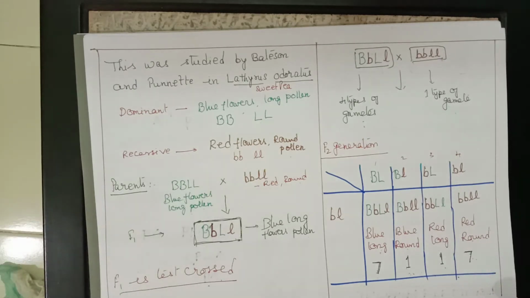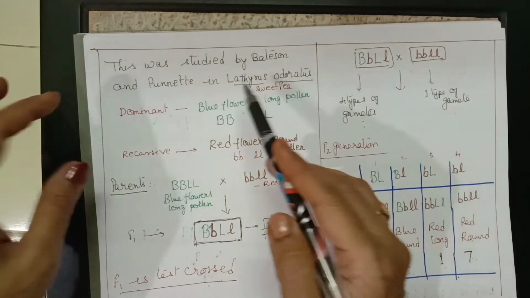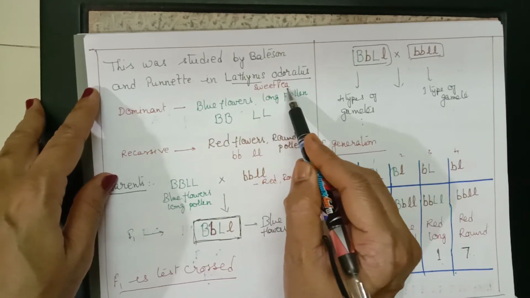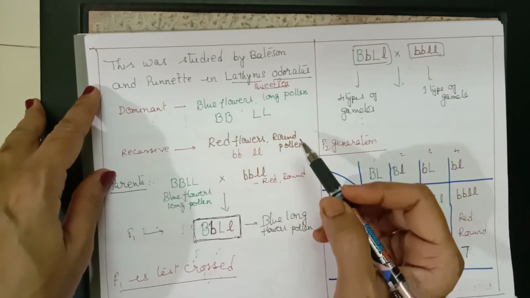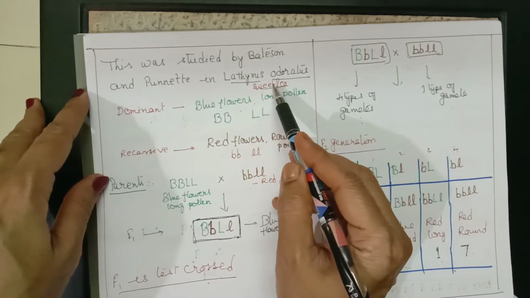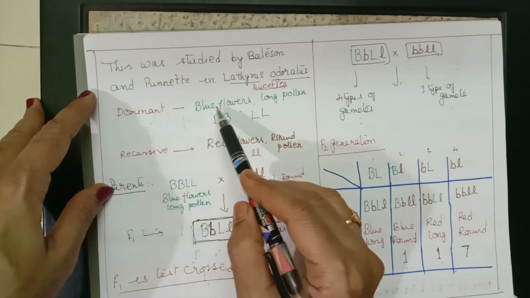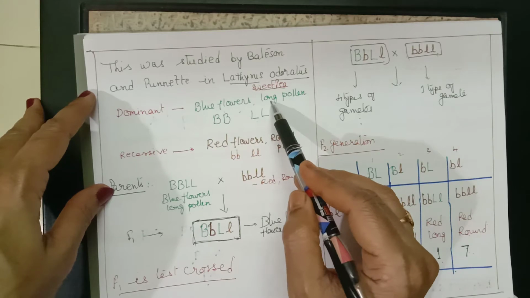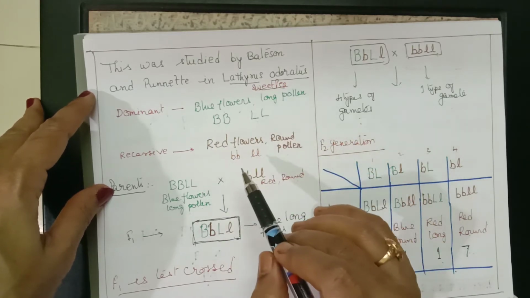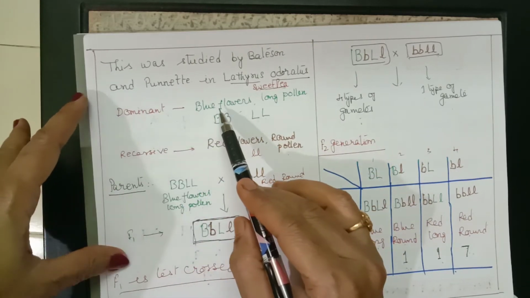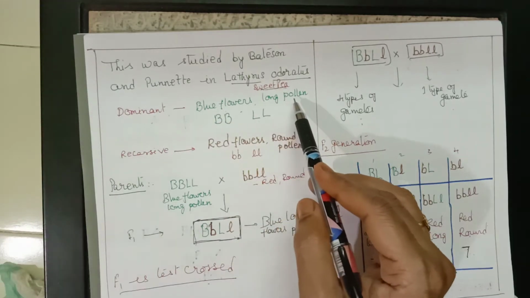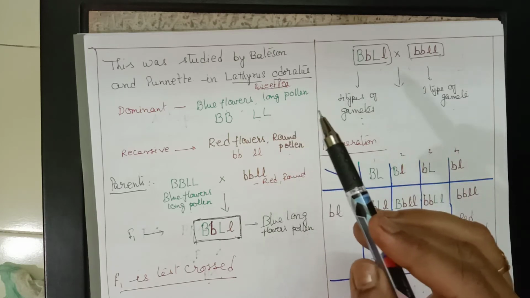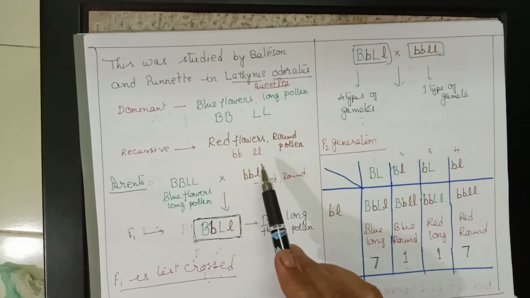Incomplete linkage was studied first by Bateson and Punnett in Lathyrus odoratus, which is commonly called sweet pea. Here two characters are taken, flower color and pollen shape. The dominant characters are blue flowers with long pollen grains, and the recessive characters are red flowers with round pollen grains.